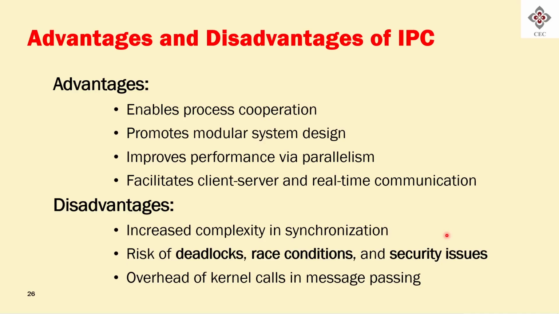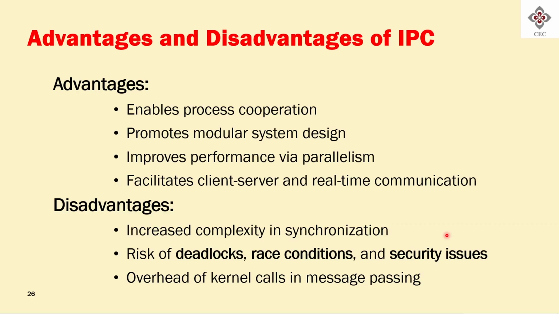Of course, it improves the overall performance by exhibiting parallelism, and it facilitates client server and real time communication. Yes, using IPC we can have communication among systems which are geographically apart, and do that in real time, because we have a lot of processes running simultaneously. All these processes will be interacting and need quick response. So, the mechanisms will provide that.